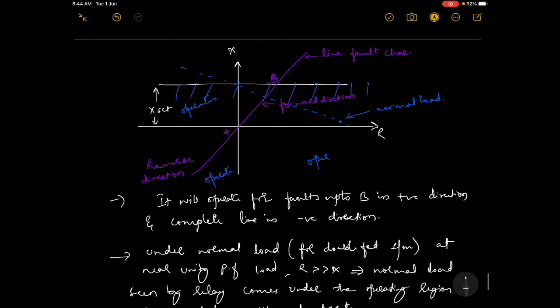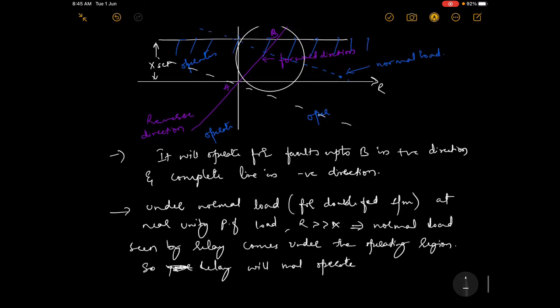If you have a directional element like this, this will be eliminated, and if you have a mho relay it will be something like this. We'll see it in our next class. When we have characteristics like this, within this only it will operate. So you are avoiding this. Did you understand? This problem is avoided by the directional feature, and this problem is avoided by using a mho relay.